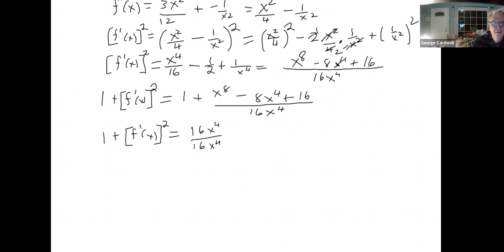And then I'm going to add that to this guy. So why do you think I chose to write 1 as 16x to the 4 over 16x to the 4? You're probably saying, well, because I want a common denominator of that fraction and 1. So there's my common denominator.